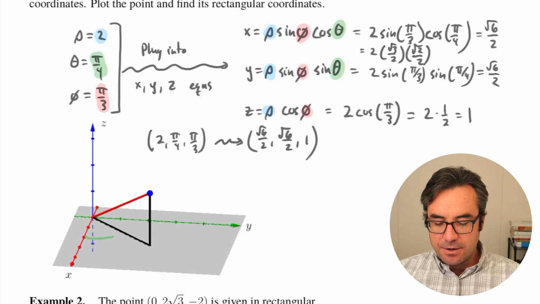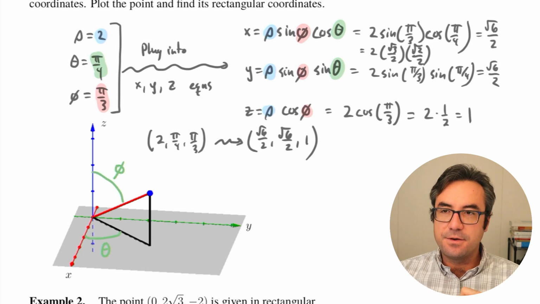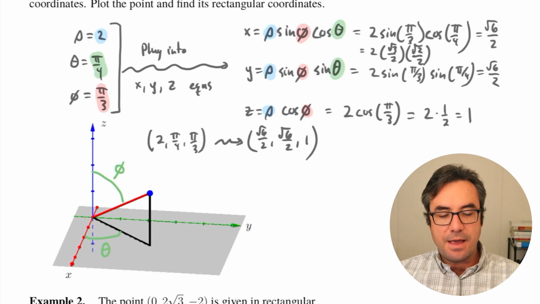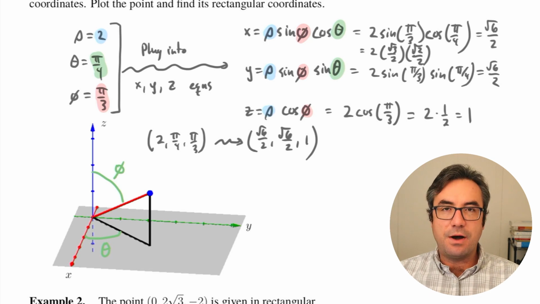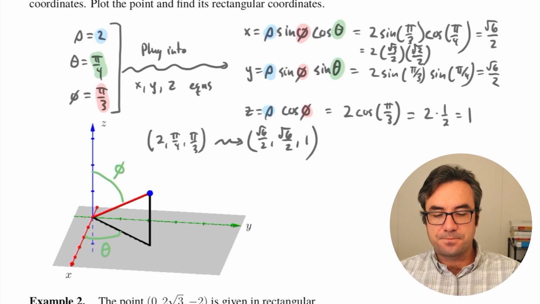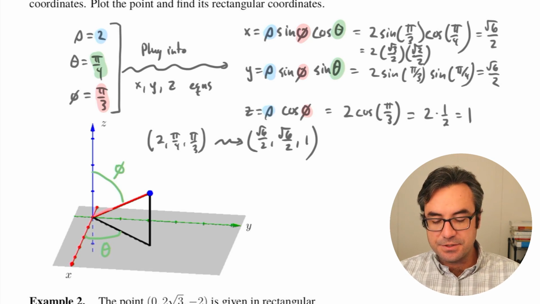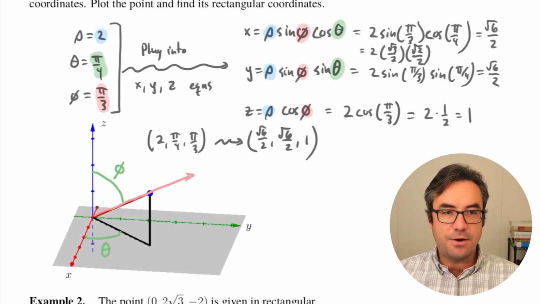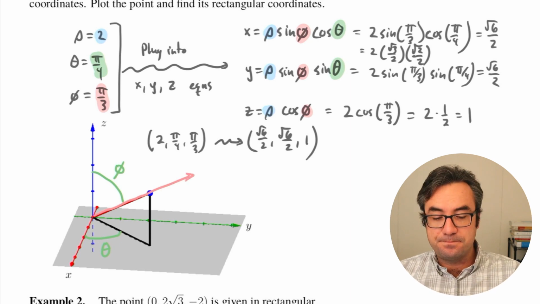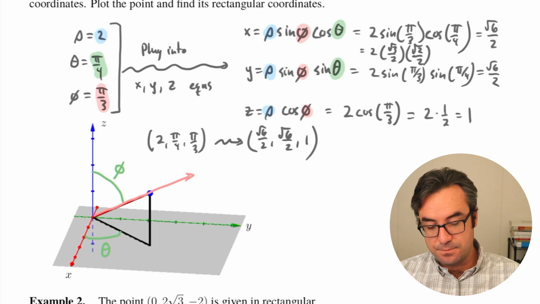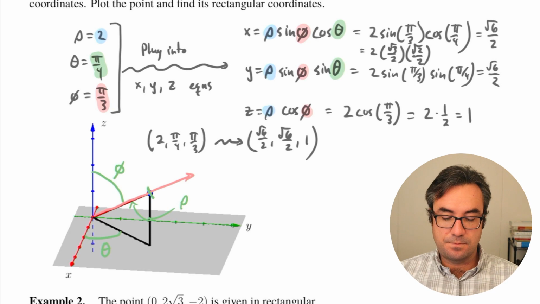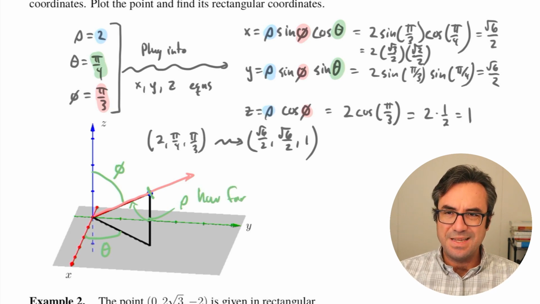So theta here was this angle, phi, that angle there, and then rho tells us how far to go off in that direction. So the two angles give us a ray, and then rho tells us how far to go. And that's kind of helpful.